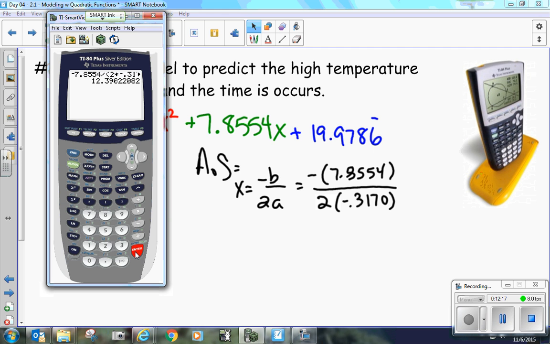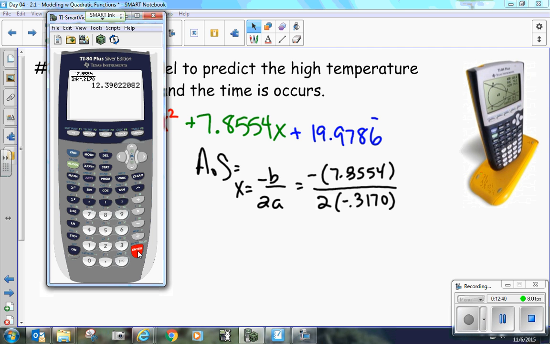Don't forget, you can always use alpha y equals and type it in this way. Alpha y equals, enter. Then you will never make that error. So I can say negative 7.8554 over 2 times negative 0.3170.